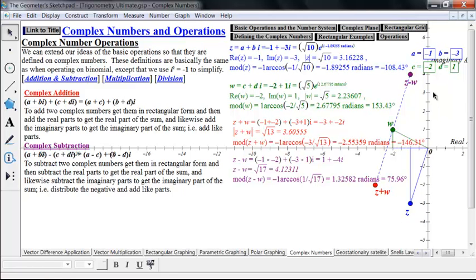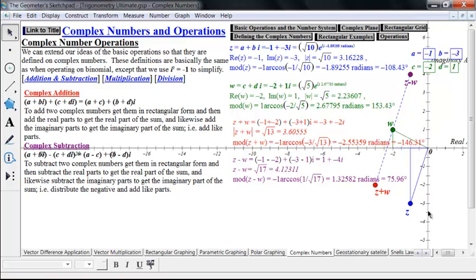I don't seem to have graphed it in the right place. So let me get rid of that and put this in the right place. It should be 1 minus 4i, down here.